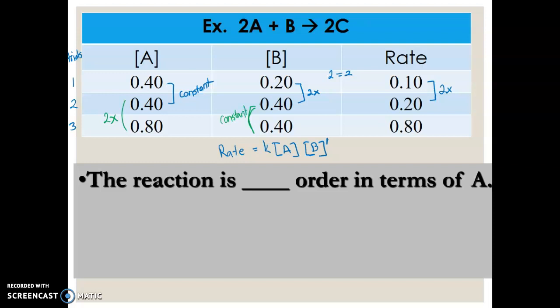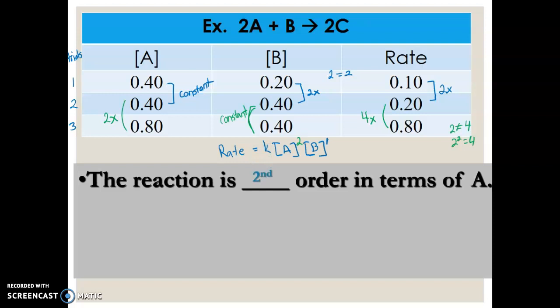So when reactant A is doubling, the rate is quadrupling. So 2 is not equal to 4, but 2 squared is equal to 4. So the order for A is second order.